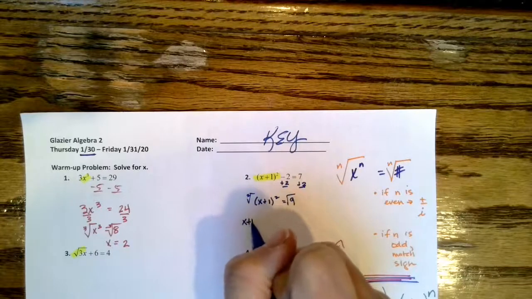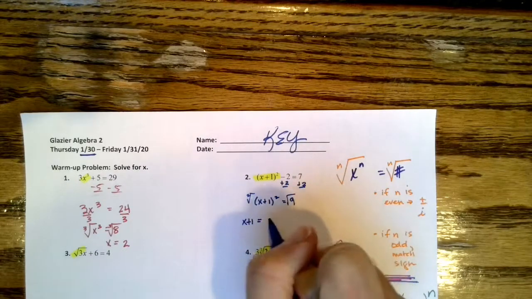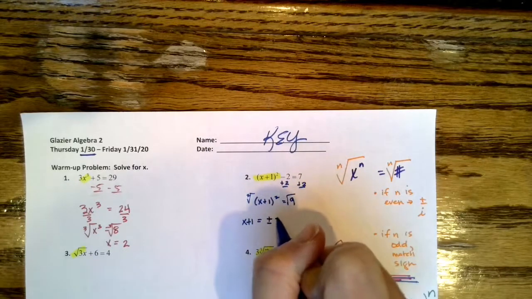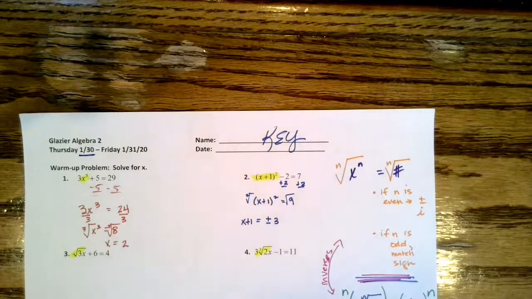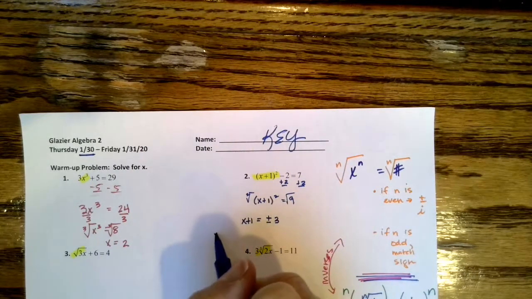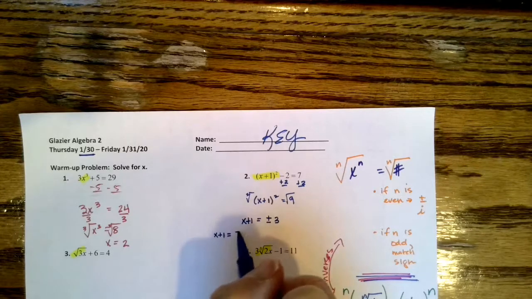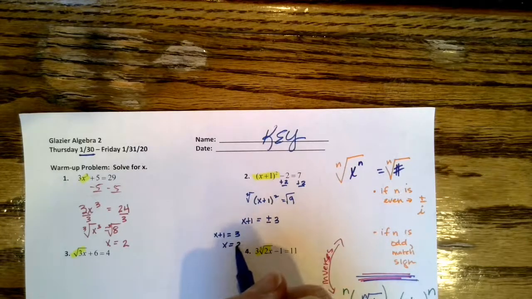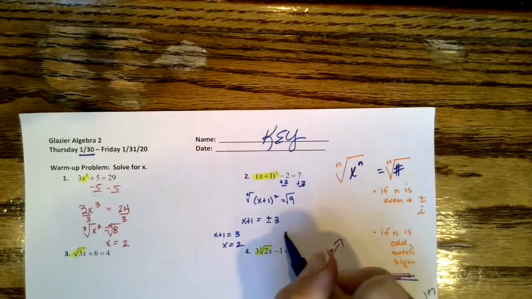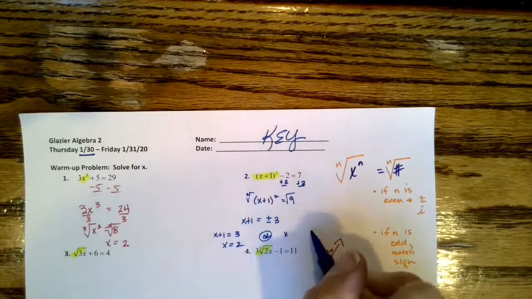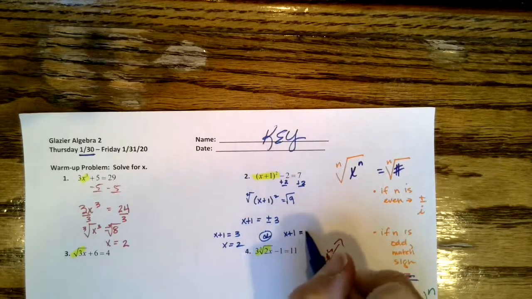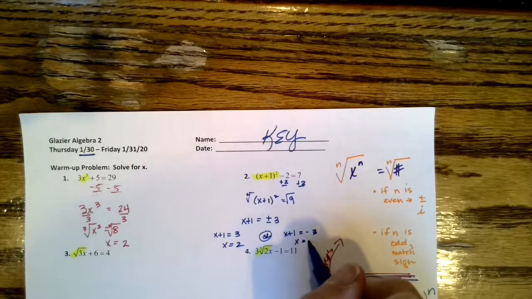So x plus 1 could be equal to plus or minus 3. That's going to give us two different scenarios. x plus 1 is equal to positive 3, so x is equal to 2, or x plus 1 is equal to negative 3, so x is equal to negative 4.